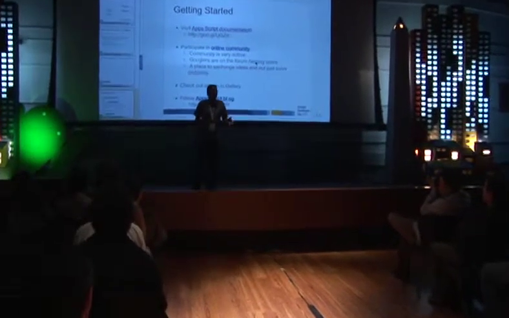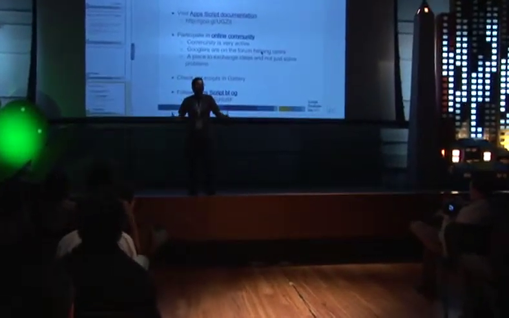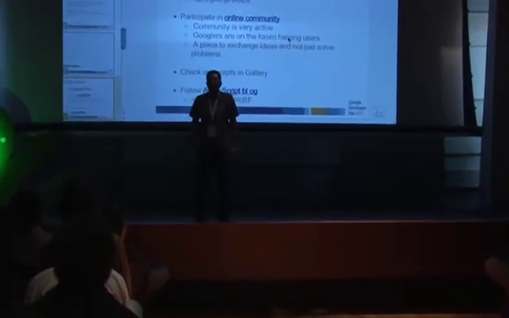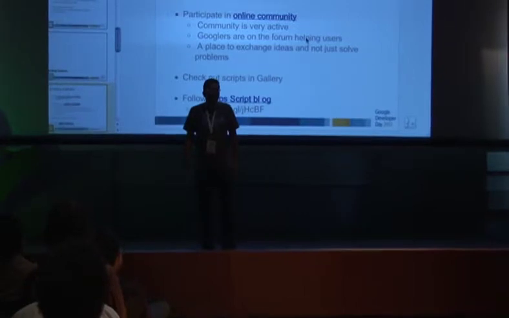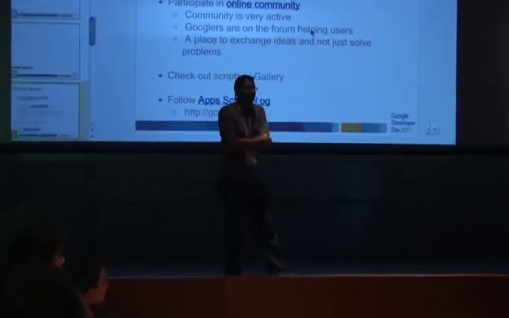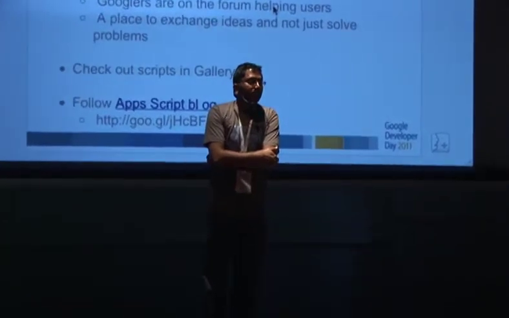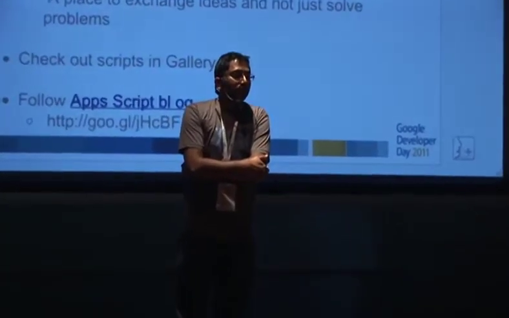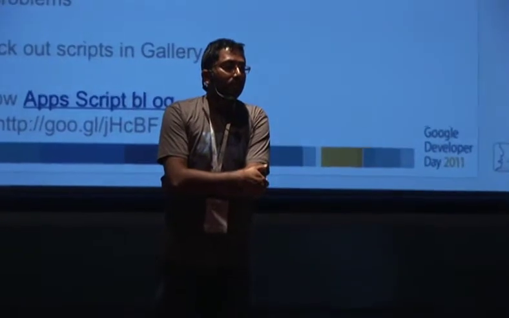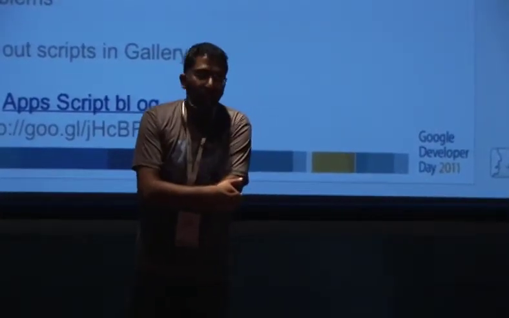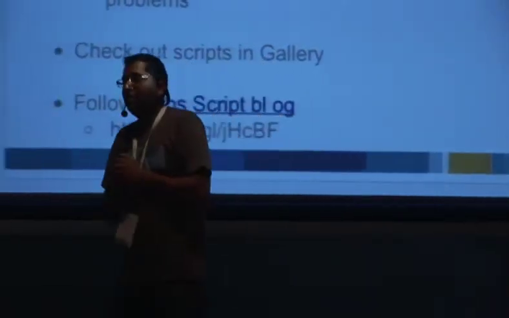You can write a script and tell AppScript, look, execute this, say, every 12 hours or every minute, and it will do that for you. Yes, you can do that.